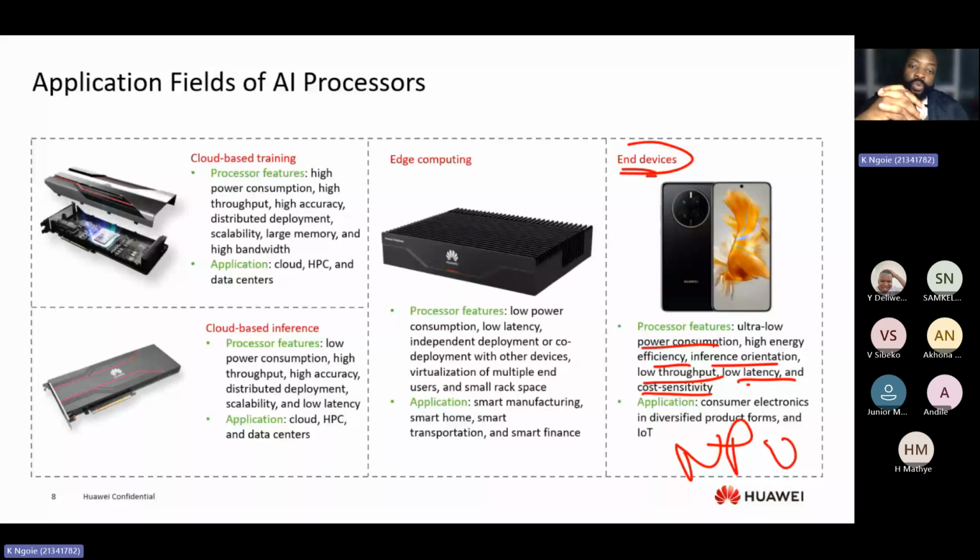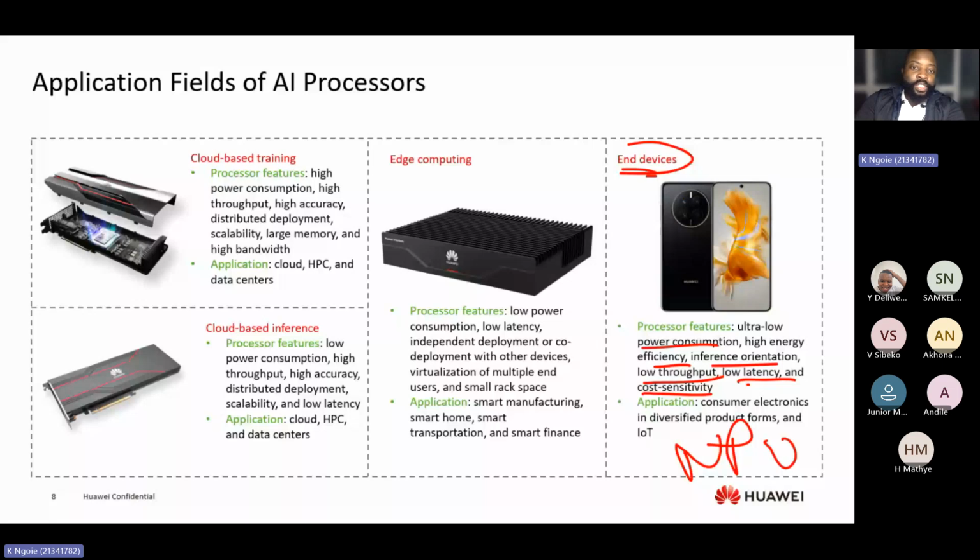Okay, so some of these chips you can have on a smartphone. When you talk about end devices, it can be a smartphone, a smart speaker, a smartwatch, anything that can have AI.